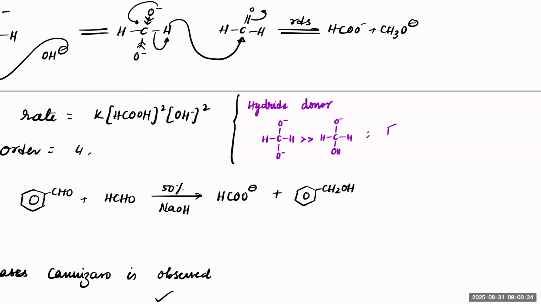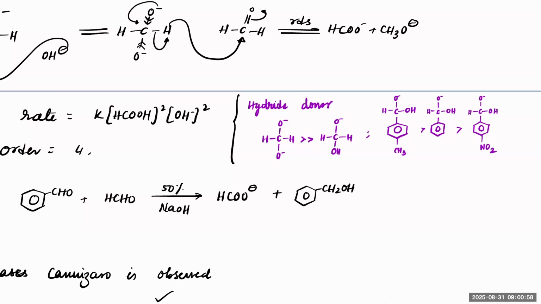Another example, if you have a benzaldehyde with O minus, H and OH, this is the benzaldehyde form. If there is a donating group, it is a better hydride donor compared to this one, and compared to a withdrawing group, O minus, H and OH with NO2.